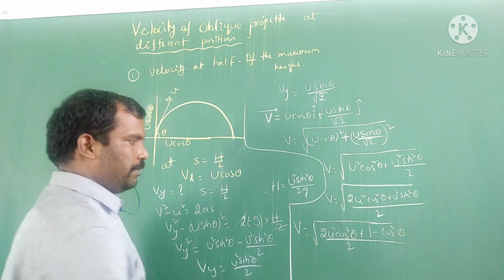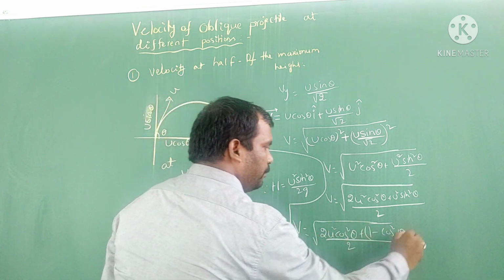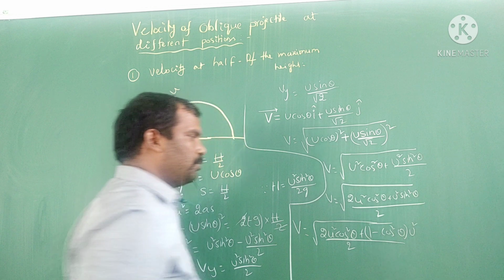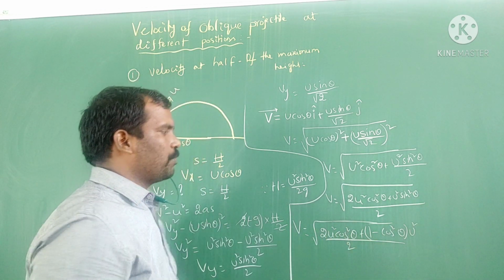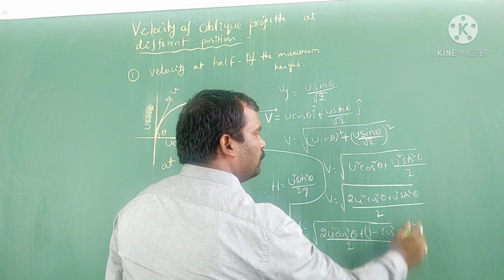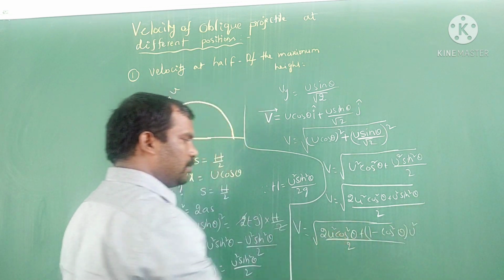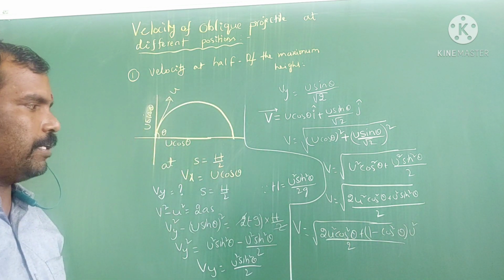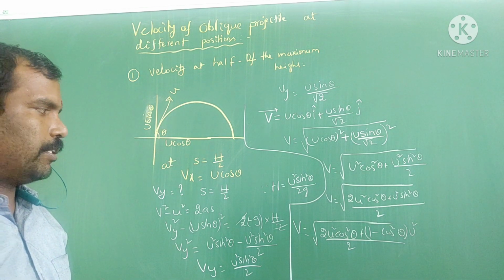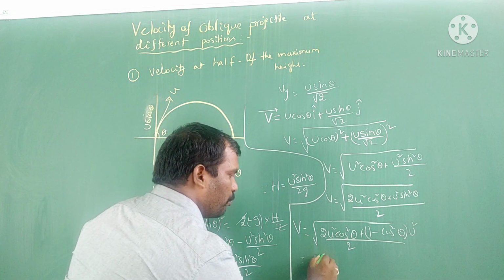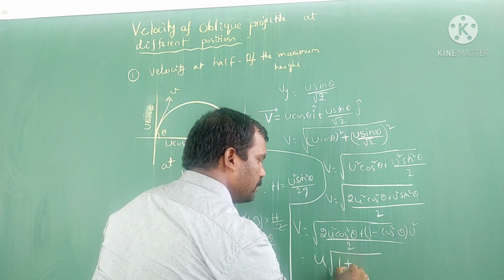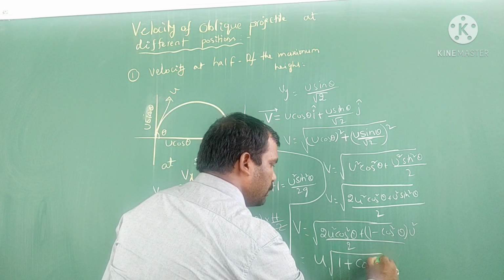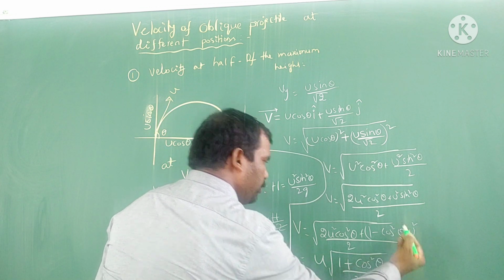From that, we get 2u square cos square theta plus u square minus u square cos square theta, which is 2u square cos square theta minus u square cos square theta. If you take common, that means u into root over 1 plus cos square theta by 2.